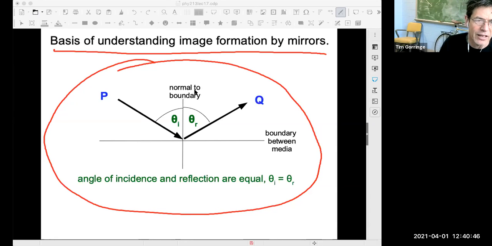Just try it. You just can't forget the law of reflection. Incident angle, reflected angle, measured with respect to the normal at a boundary between two media. Those two angles are equal for specular reflection. So that's the law of reflection. Theta I equals theta R.